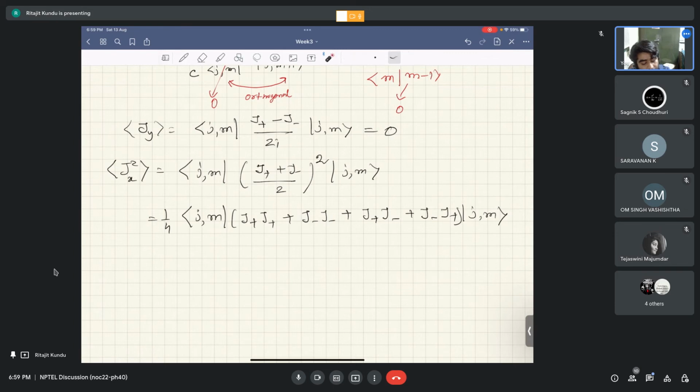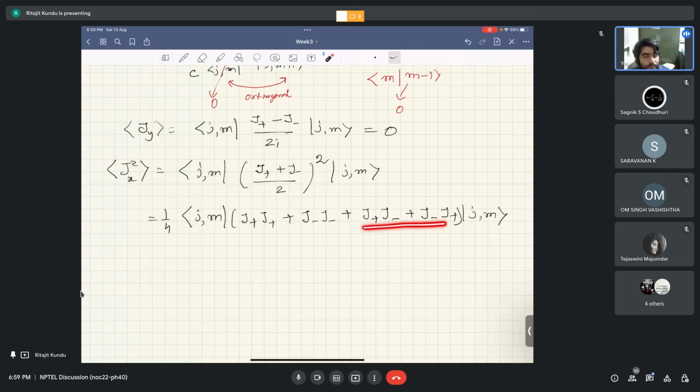I have this j plus square, right? j plus square will increase the m by 2. I have the same m on the other side, and because m and m plus 2 states are orthogonal, this will basically be 0. The same thing is true for j minus square also. j minus square will reduce the m to m minus 2. So we have m minus 2 on one side and m on the other side. If you take the inner product, it will give you 0 because of orthogonality.